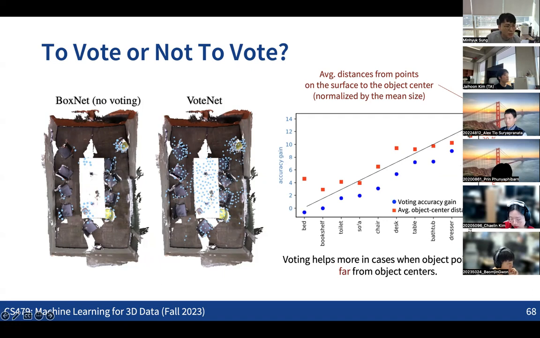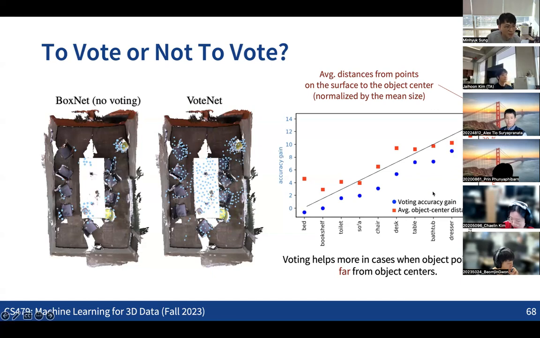And the red points indicate the average distance from the object center to all the points over the surface of the object. So what we can see is that as the points over the surface are farther from the center of the objects, we get more performance improvement using the voting scheme.